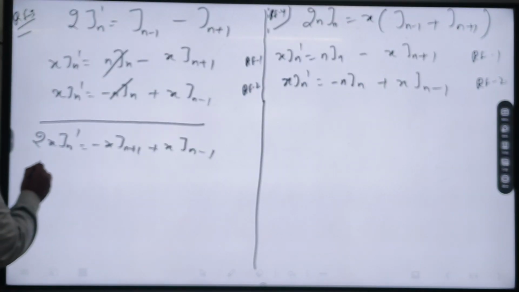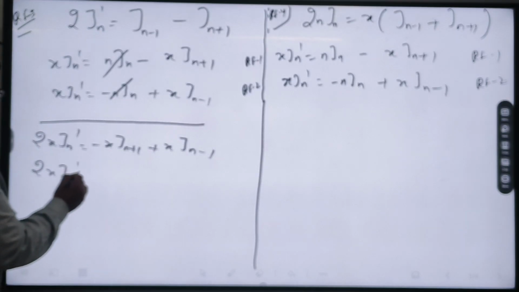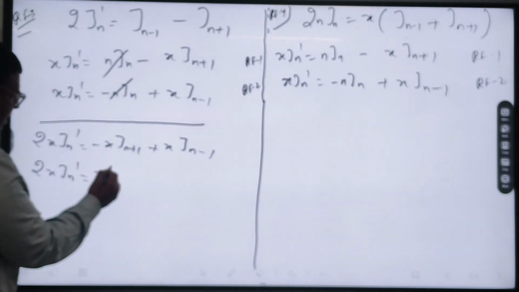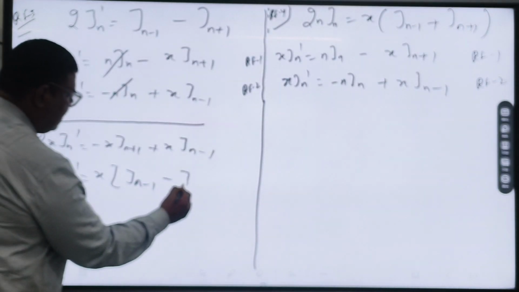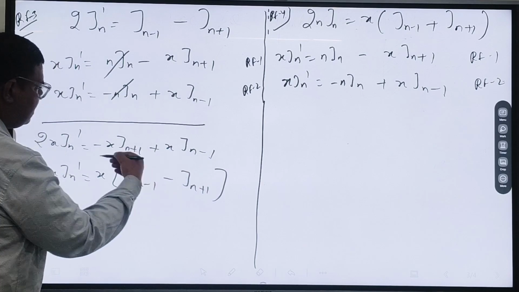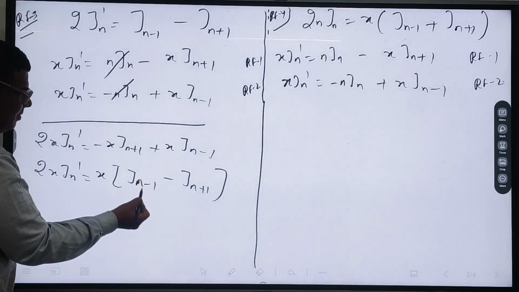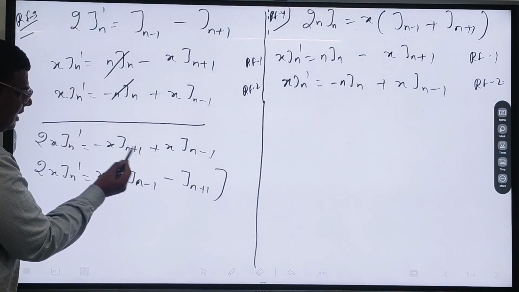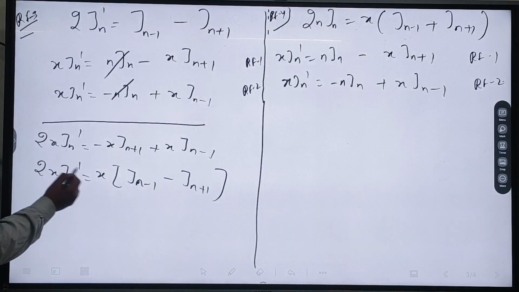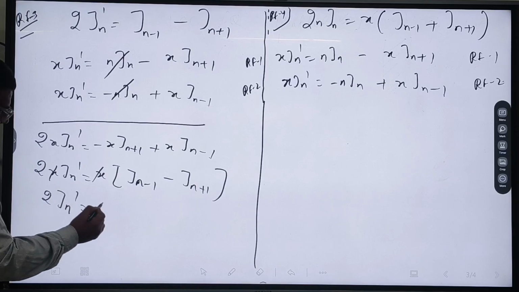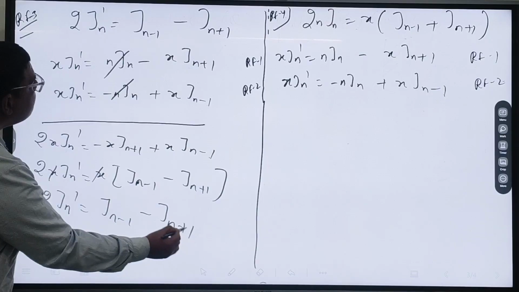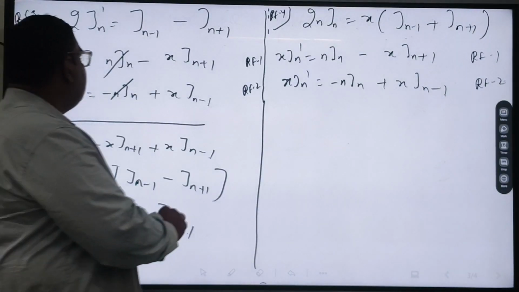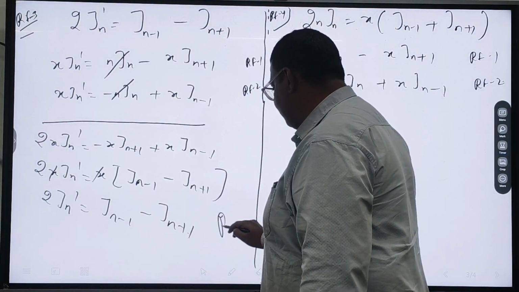I can write here 2x J_n' = x J_{n-1} - x J_{n+1}, rearranging these two terms and writing J_{n-1} first and J_{n+1}. And if we see here, x and x will cancel out. We will get 2 J_n' = J_{n-1} - J_{n+1}. So here we get recurrence formula number 3. We have derived RF3.